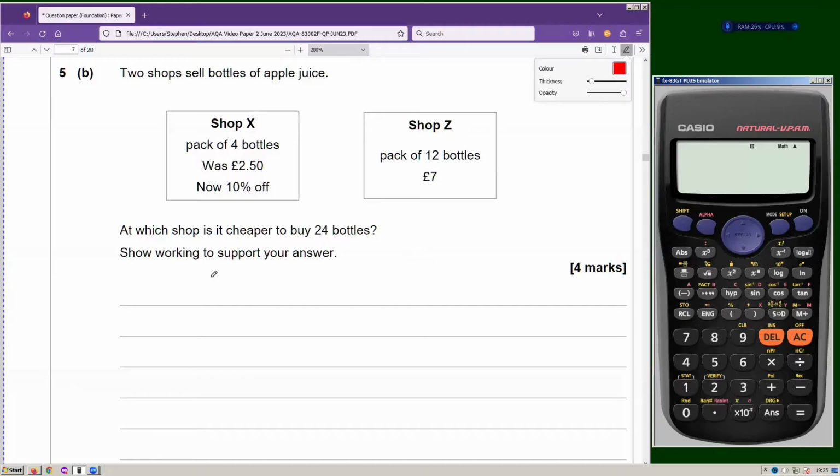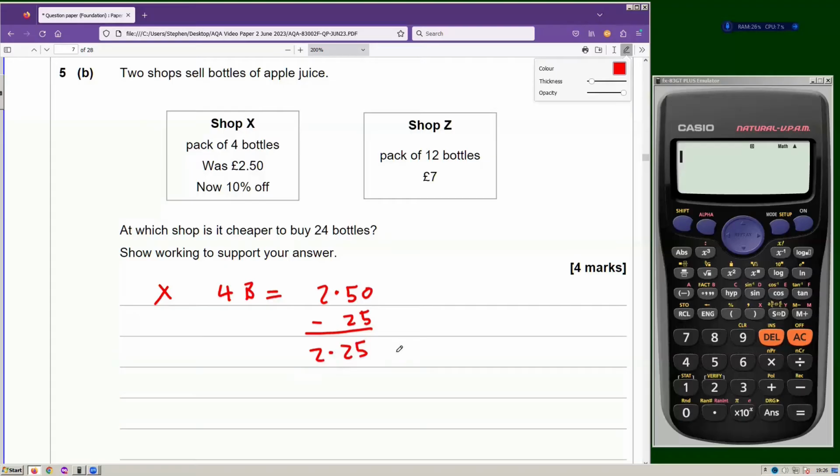We've got to buy 24 bottles. So this is X. 4 bottles, I'm going to say 4B equals £2.50 minus 25 pence, which would be £2.25.